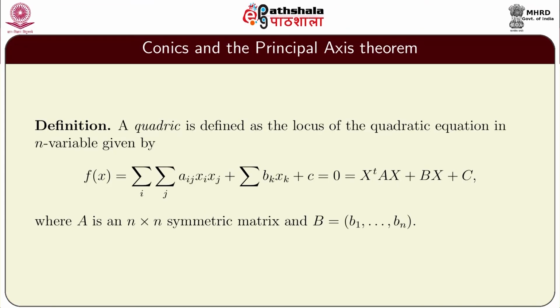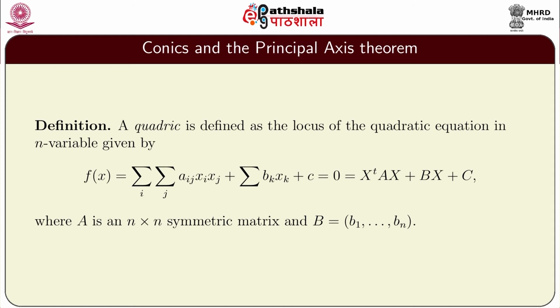Let us now define the notion of a quadric. A quadric is defined as the locus of the quadratic equation in n variables given by f(x1, x2, ..., xn) = the double summation over i and j of aij xi xj plus the summation bk xk plus c = 0. The indices i, j and k run from 1 to n.